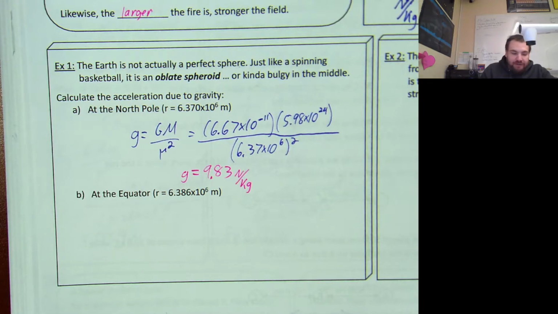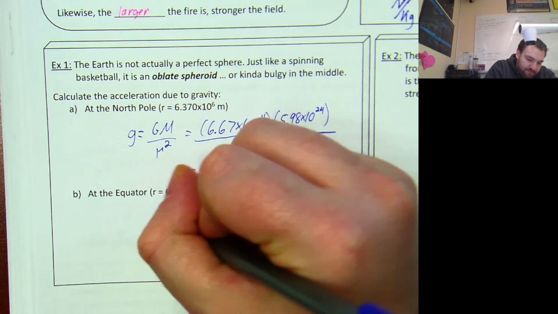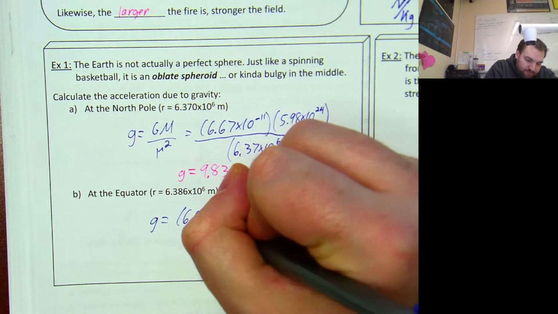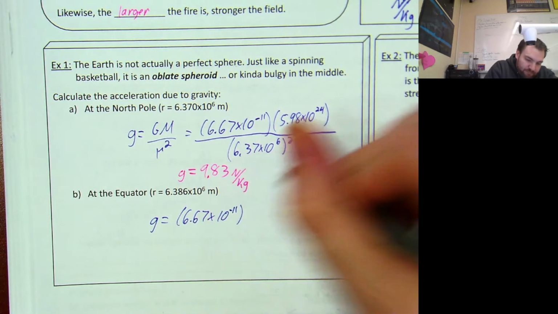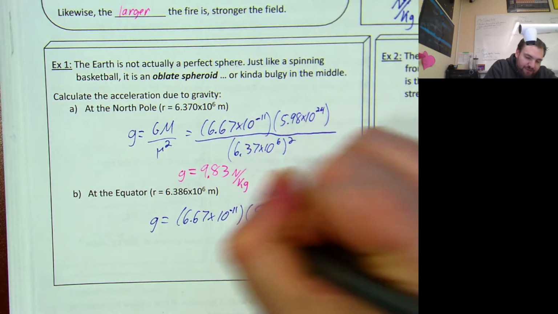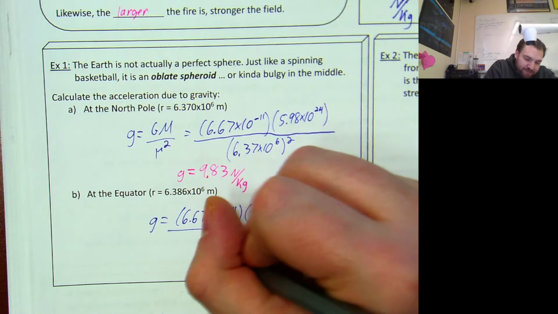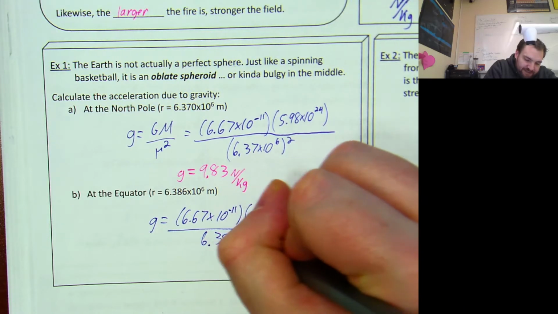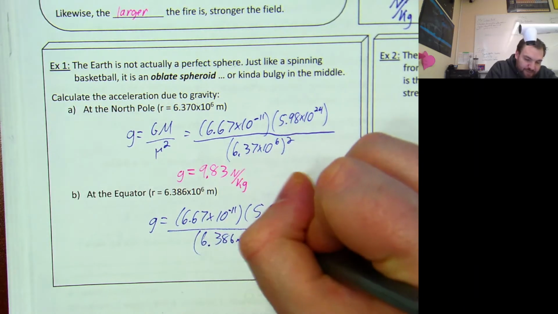Well, what about at the equator? Let's do it again. 5.98 times 10 to the 24, and now the radius that we're going to use is 6.386 times 10 to the 6. I want to make sure we squared that.